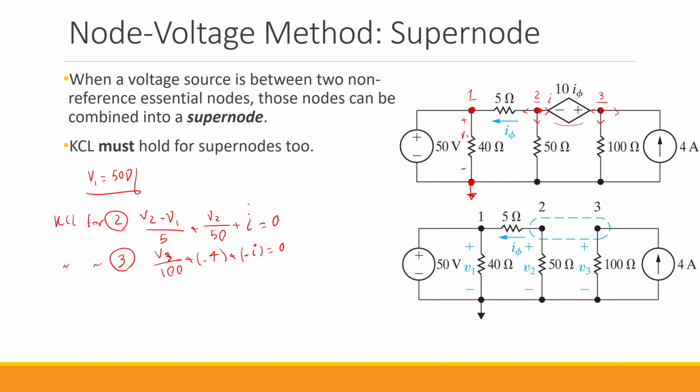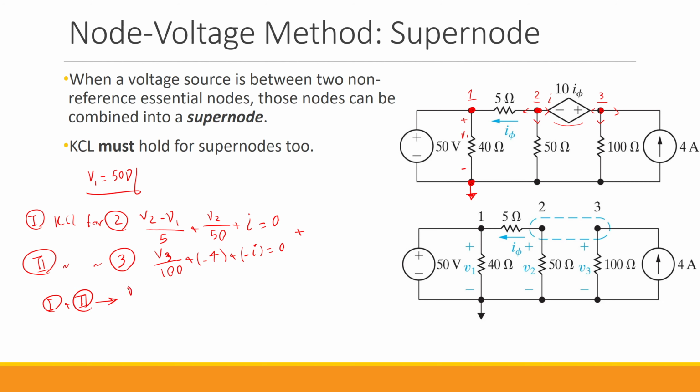So what happens if I add these two equations together? Let's see. Let's call this equation 1 and this equation 2. Let's add equation 1 and equation 2 together and see what we get.